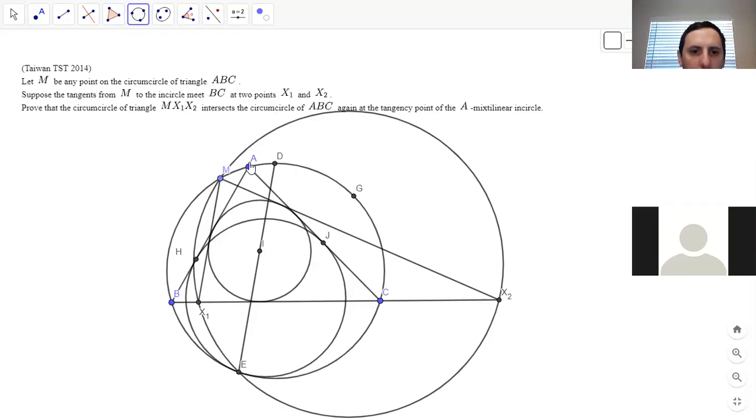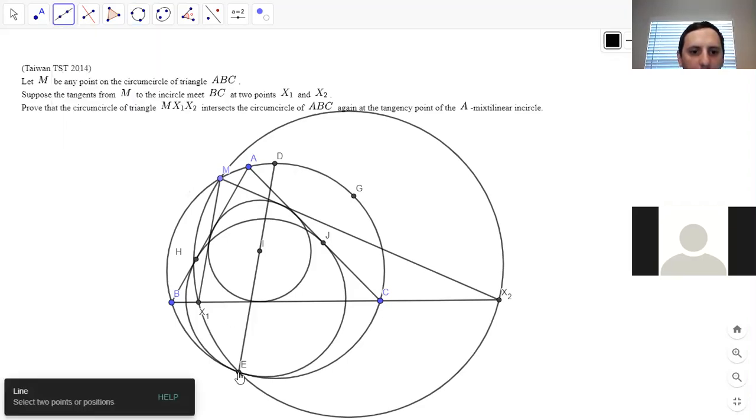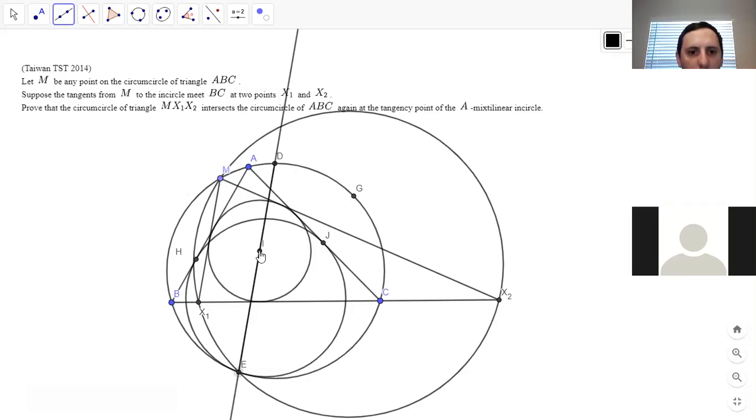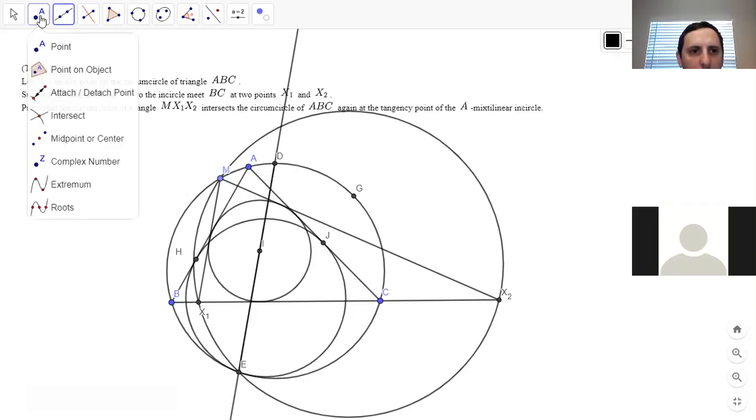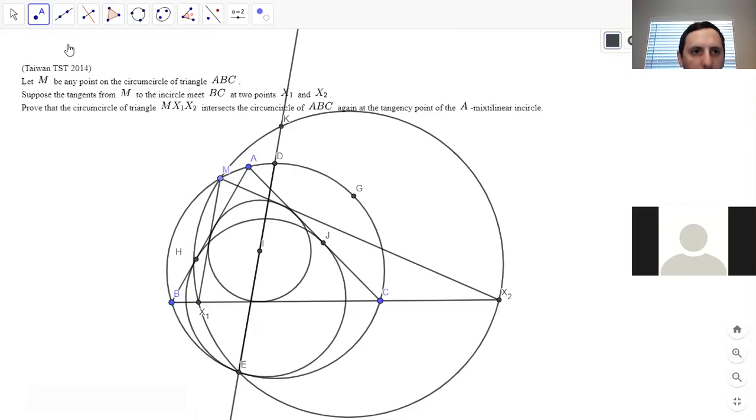The only thing I could think of is where AI would meet the circle, or maybe where ED would meet the circle. Let me just draw that point just to see. Is there anything special about point K?